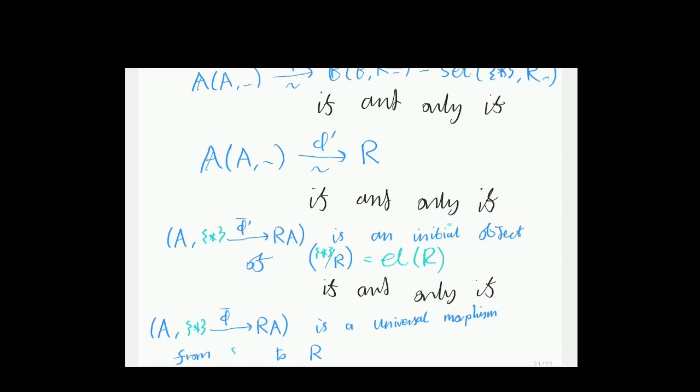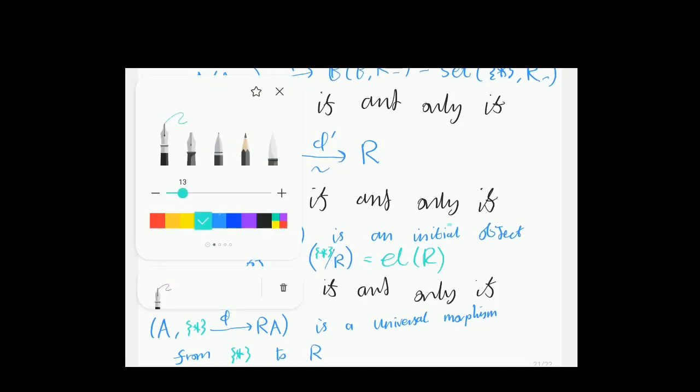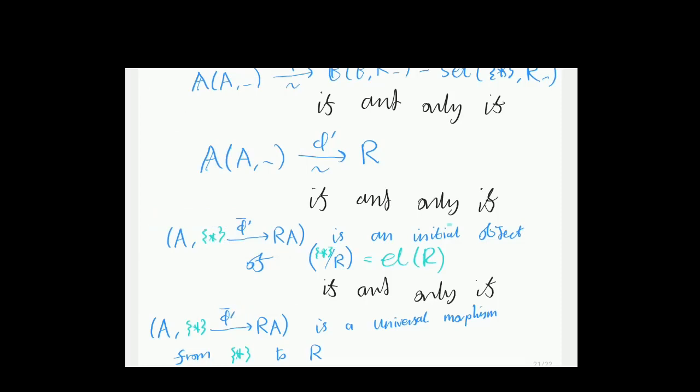And now we also know why this phi dash bar is called a universal element, right? Because what's this? It's an element of R of A, right?